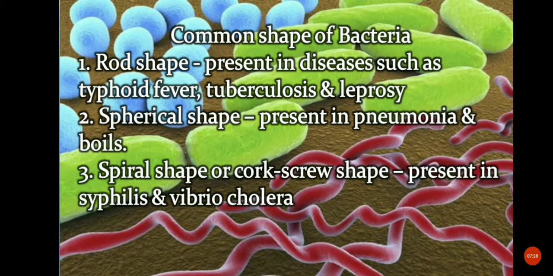The rod shape is present in diseases such as typhoid fever, tuberculosis, and leprosy, while the spherical shape is present in pneumonia and boils, while the spiral or corkscrew shape is present in syphilis and Vibrio cholerae.